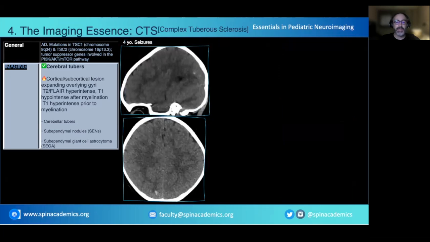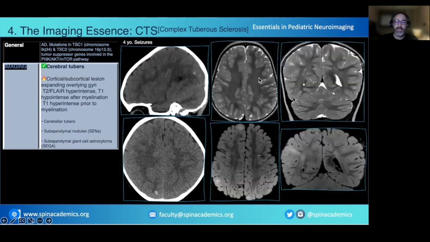That's an interesting case because the presentation was seizures and we saw these peripheral calcifications. We did a wide differential, but at the end the MR will answer the main diagnosis, and is the appearance of cortical tubers.